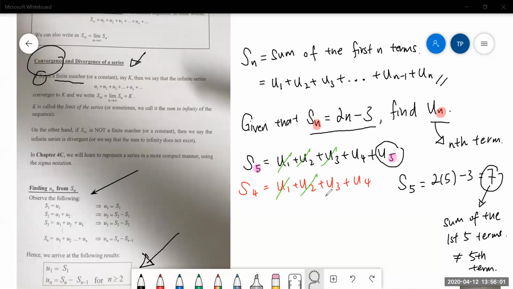So S5 minus S4 will get our U5. That's why the general formula is Sn minus Sn minus 1 equals Un.